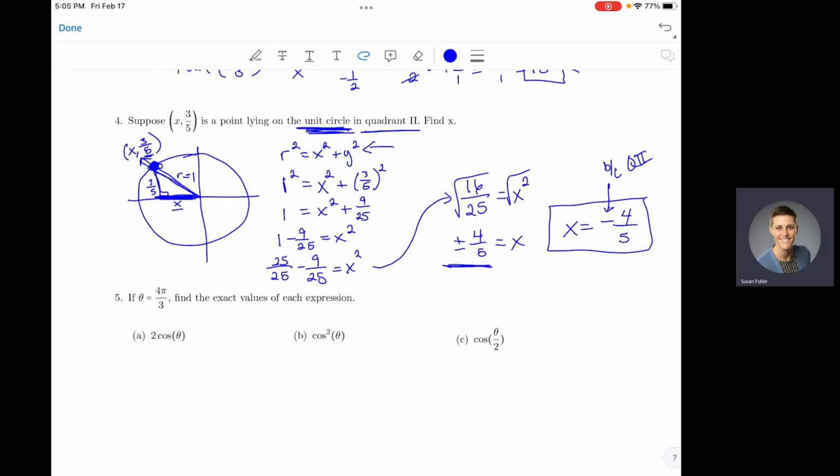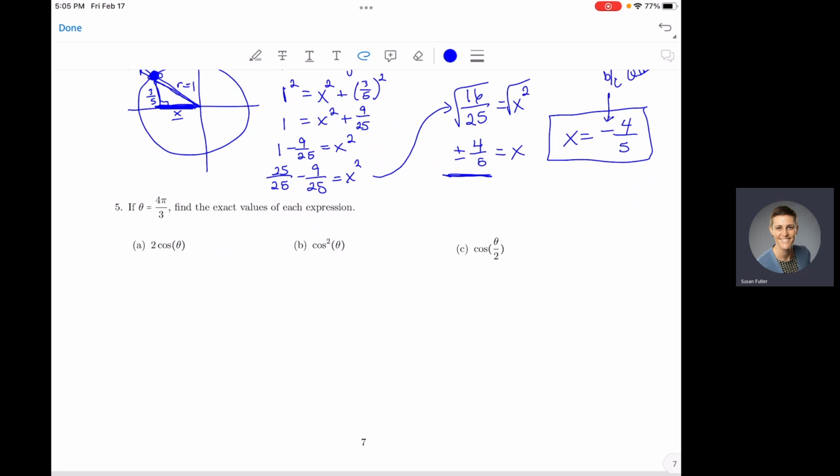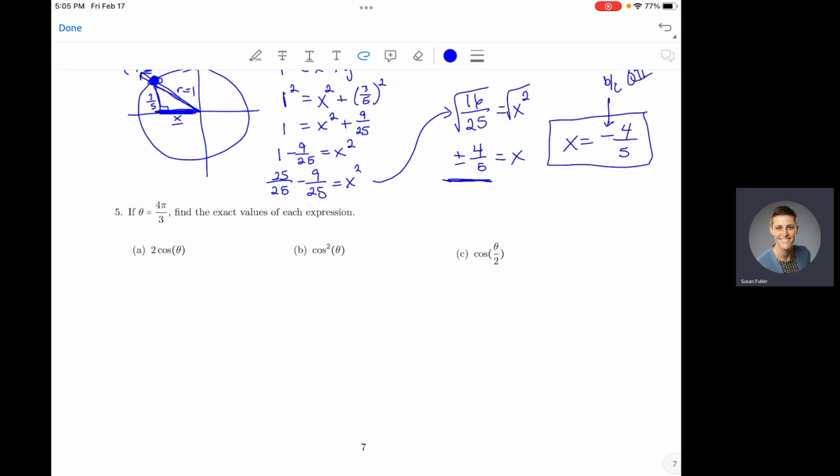Okay, and then I just want to go through this last one quickly with you. Most of you will just plug this value in and it'll be just fine. So to do part A here, that's going to be 2 times the cosine of theta. And here we have theta is 4 pi over 3. So to do this, you're going to figure out what the cosine of 4 pi over 3 is and multiply it by 2.